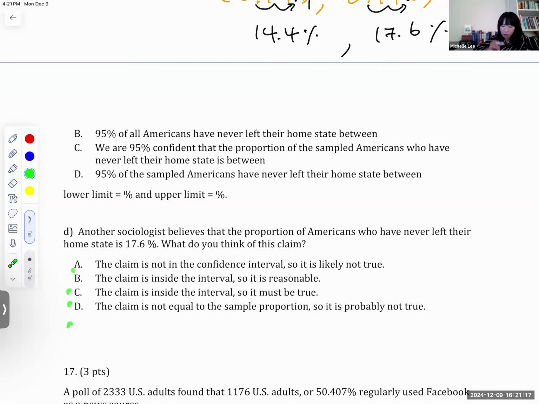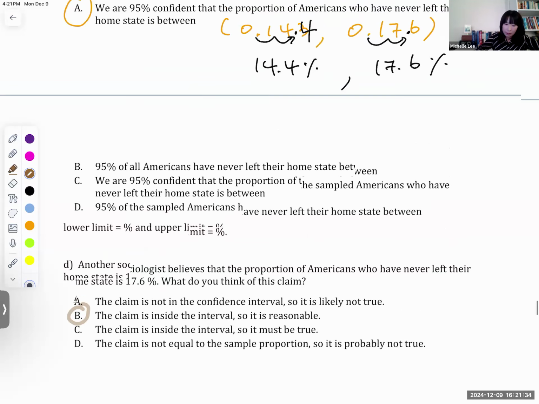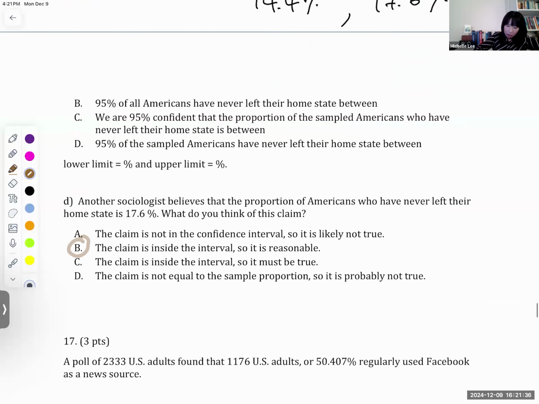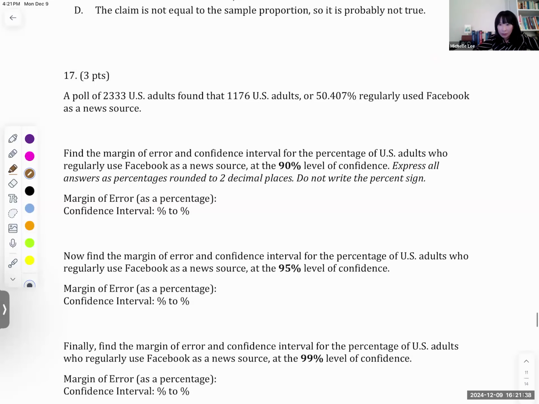So A, B, C, D, what do you think? B, okay, thank you in the chat. So this is B. Excellent. The claim is inside the interval, so it's reasonable. Very good. All right, number 17.